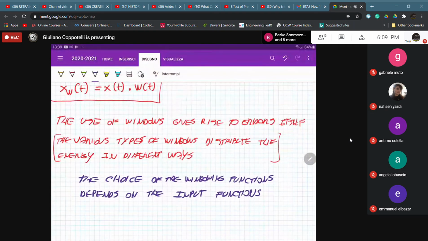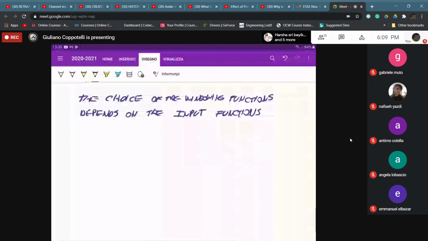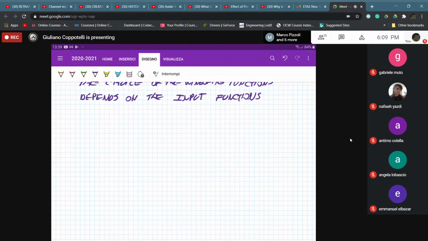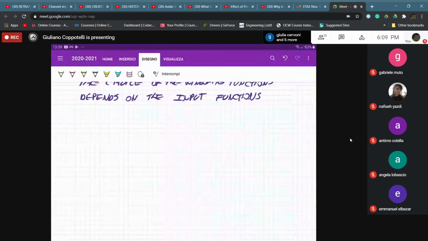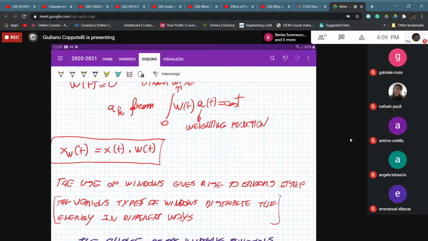Okay, just to review very shortly some specific properties of such windows, let me introduce your window function from the filtering point of view. By introducing this multiplication of your measured signal x times your windowing function w, you are just changing the signal, so that you are acting on your measured signal with a different filtering function w.